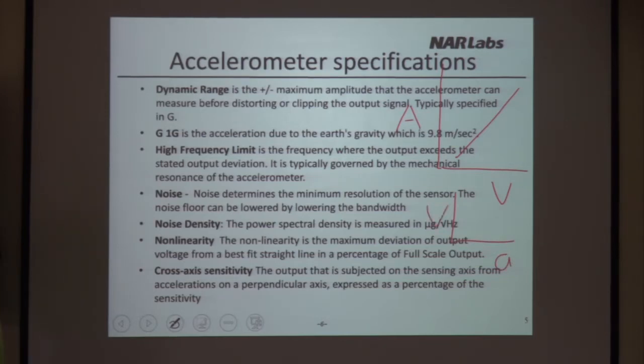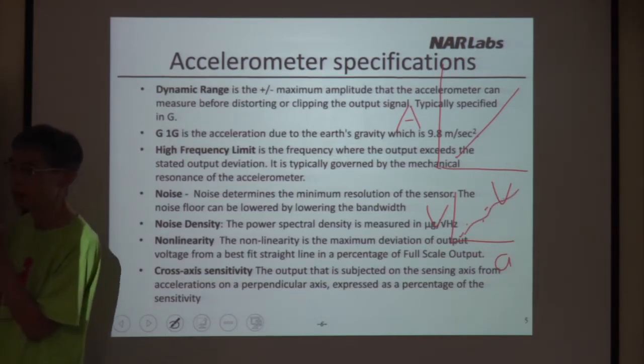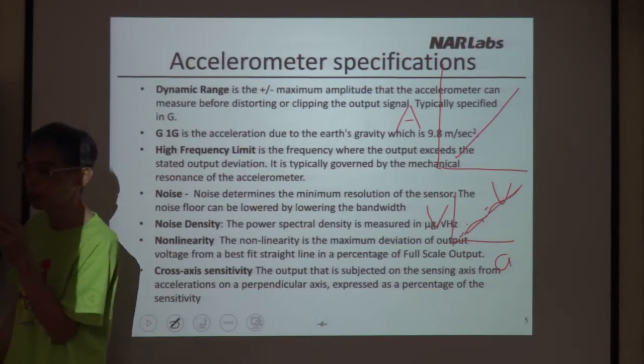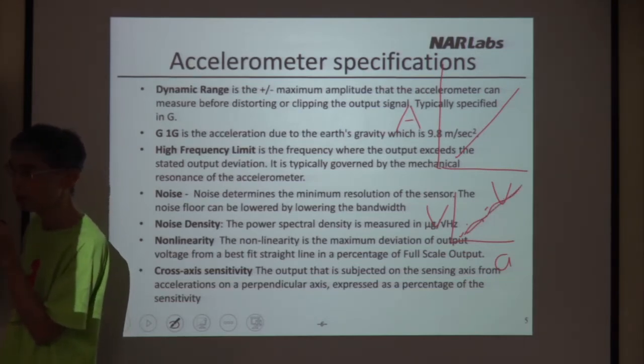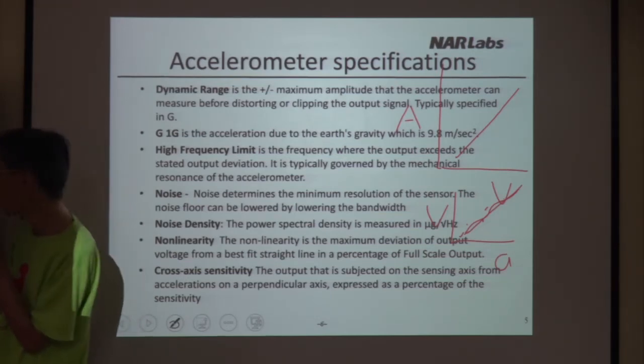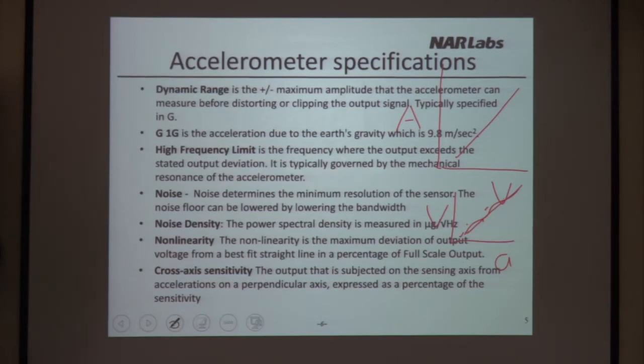It looks like it's not perfectly linear. But if your result is this, you should be happy because we can use a linear curve to approximate the behavior of your sensor. But you need to tell your customer the nonlinearity of your device.